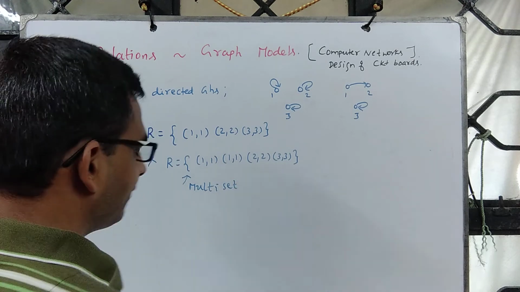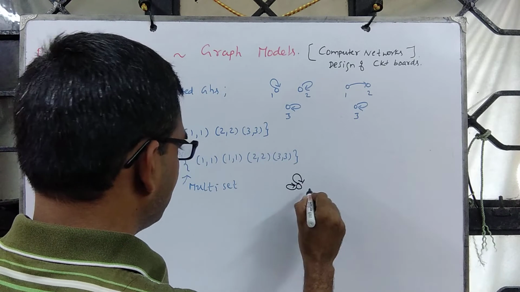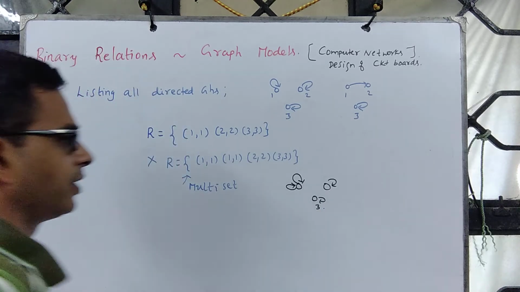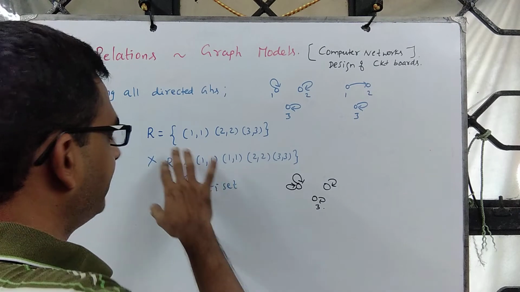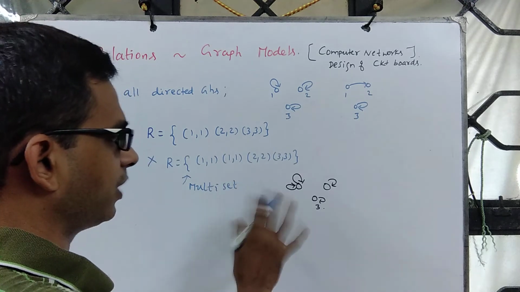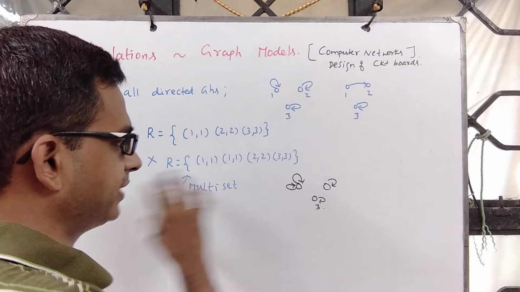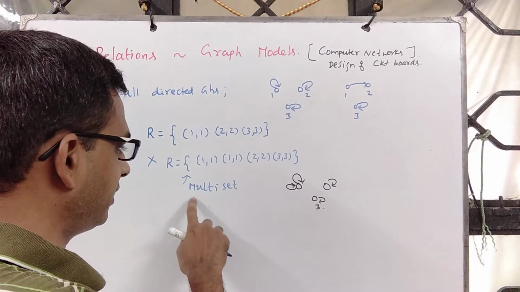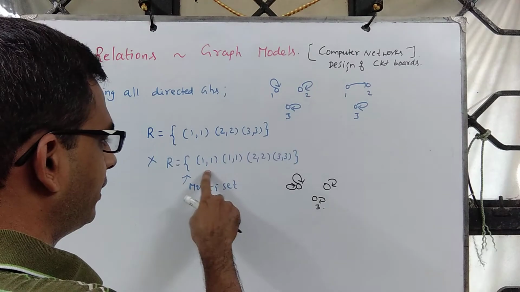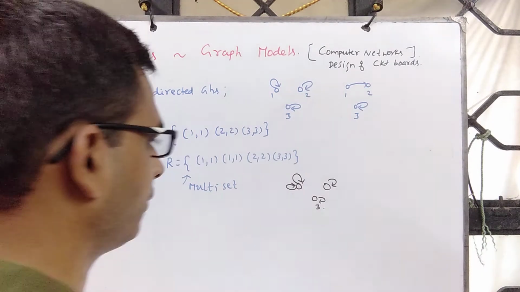So the underlying graph would have (1, 1) again, then (2, 2) and (3, 3). Generally we see a relation as a set, so we don't draw parallel edges. Self loops are allowed. But if you want to bring parallel edges into the set theoretic notation, then the underlying set is a multi-set. In a simple set, we will not duplicate any element, but in a multi-set that's allowed.